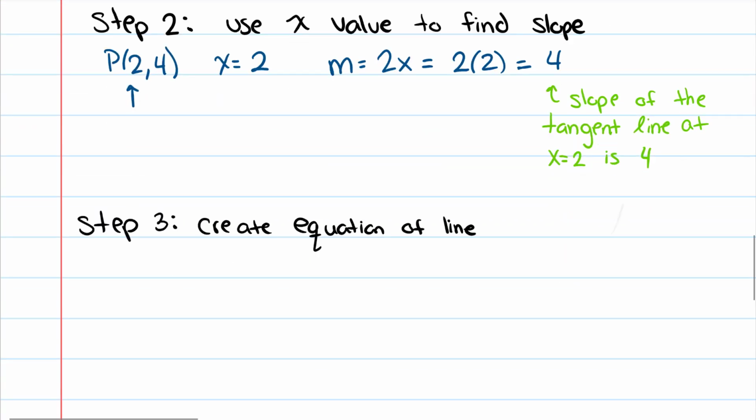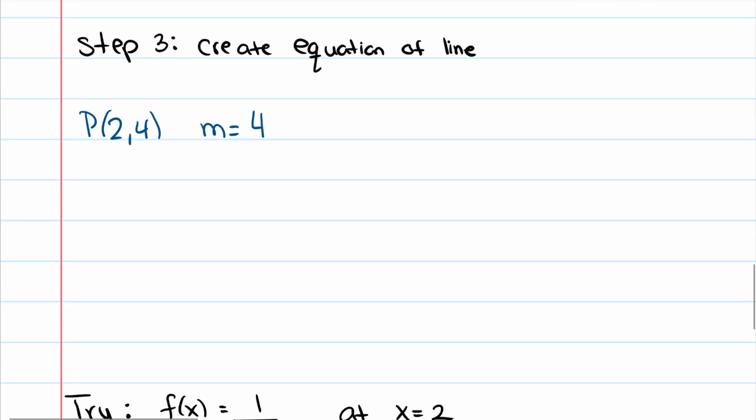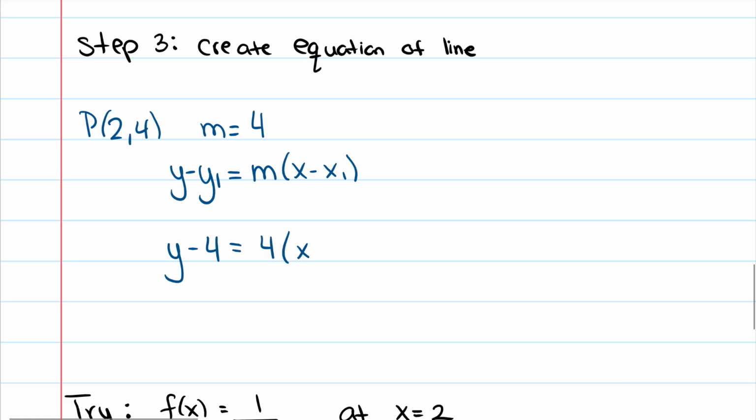The next step is to create the equation of the line. I have the point (2, 4), and I have the slope, which is 4. Now we're just going to use our equation of a line, and we get y minus y1 is equal to m times (x minus x1). So we get y minus 4 is equal to 4 times (x minus 2). y minus 4 is equal to 4x minus 8.